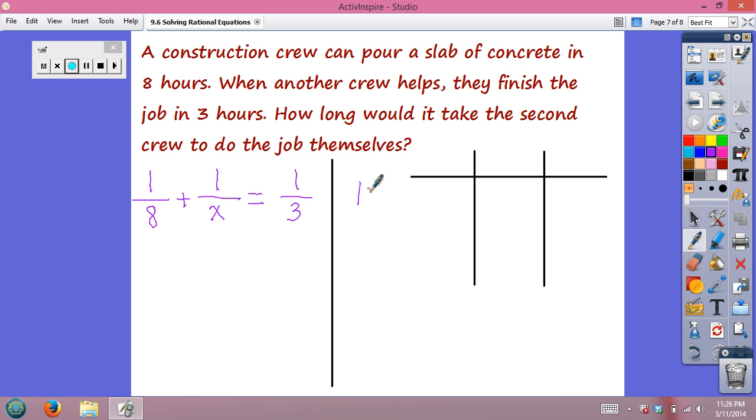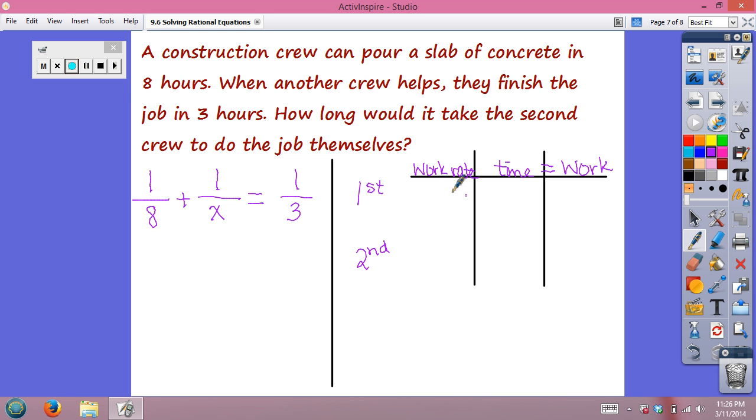So we have our first crew and our second crew. We have their work rate. We have the time it takes them to finish. And we have the actual work.